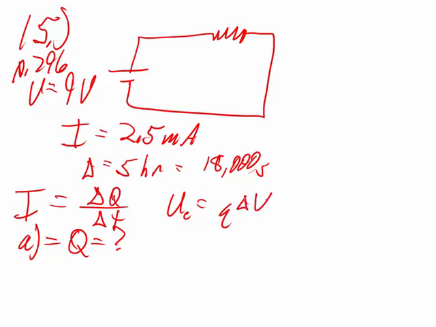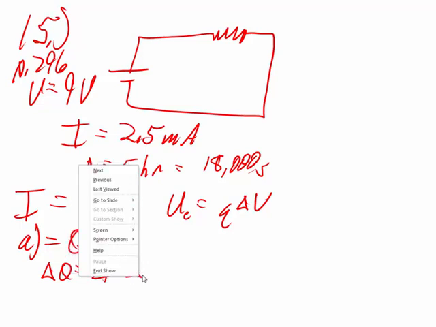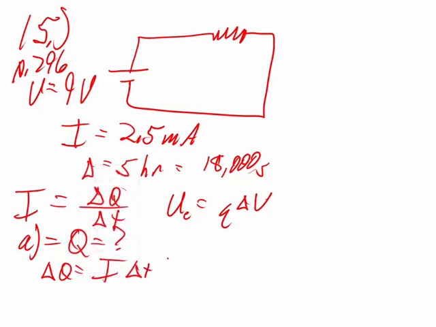We can also do it that way if we had to. So let's look at how much charge is transferred. If we take this equation right here and solve for Q, then delta Q is equal to the current times the change in time.